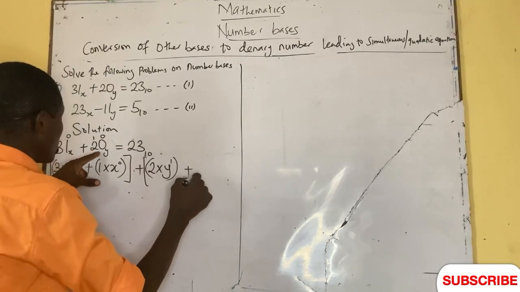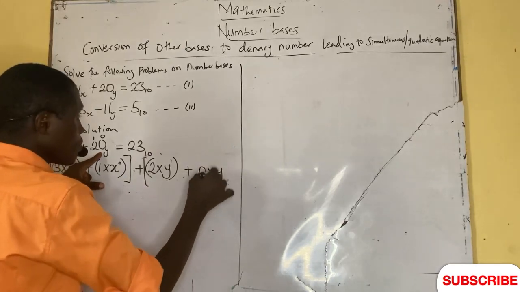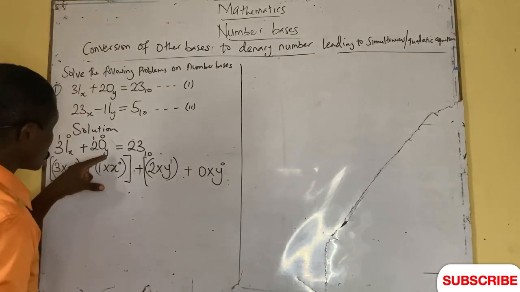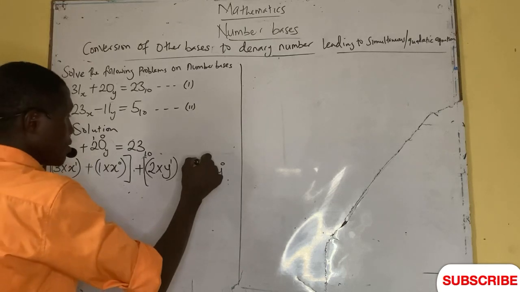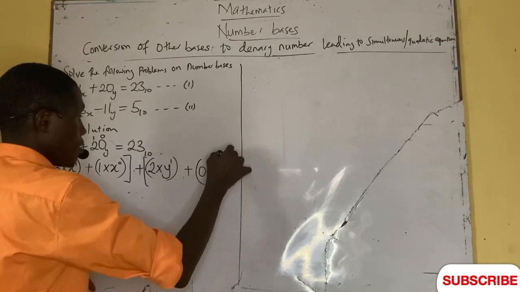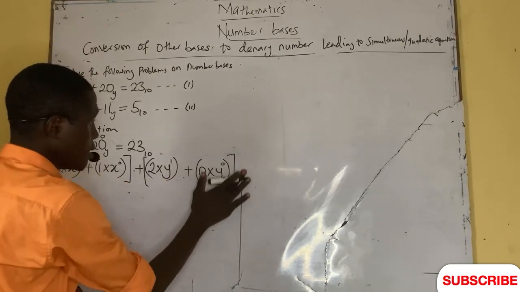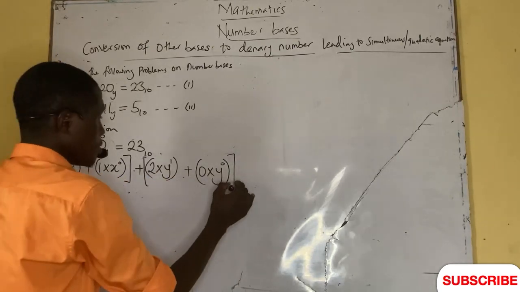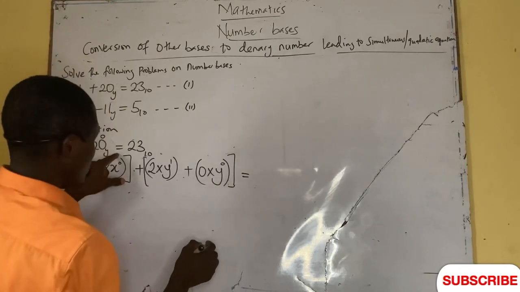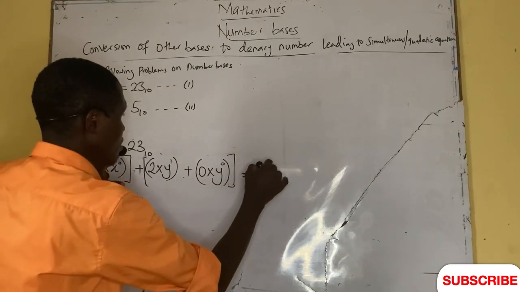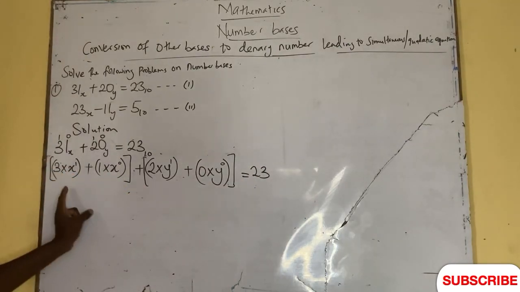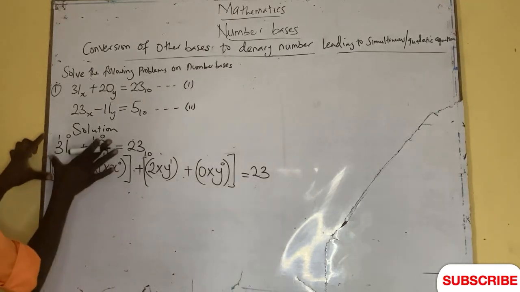Plus 0 times y raised to the power 0. So close the big bracket. Then equate it to 23. I hope you are following. So that's how to expand this.